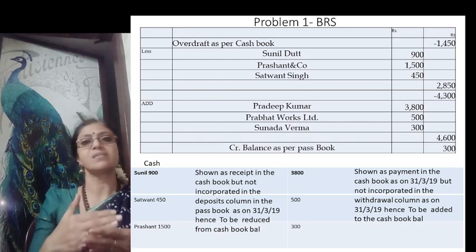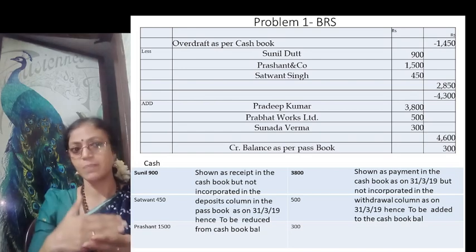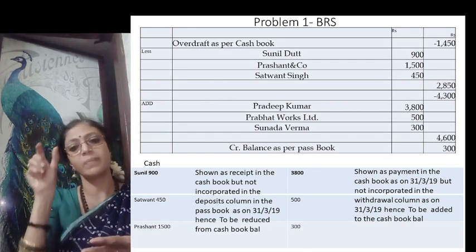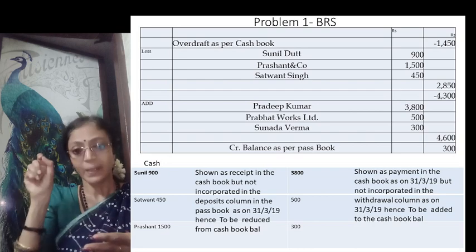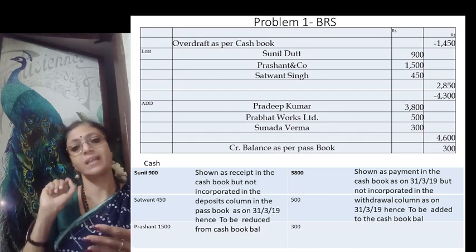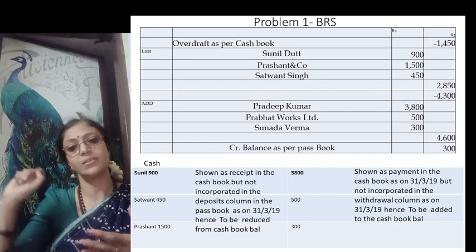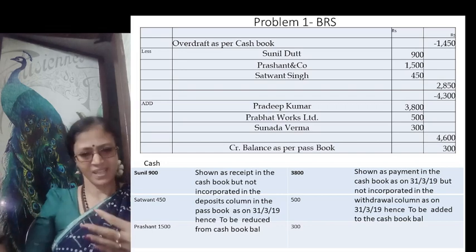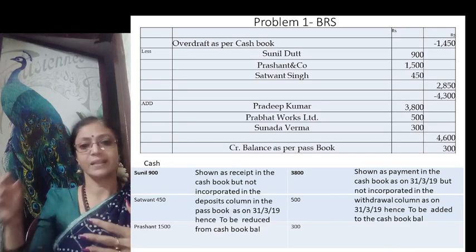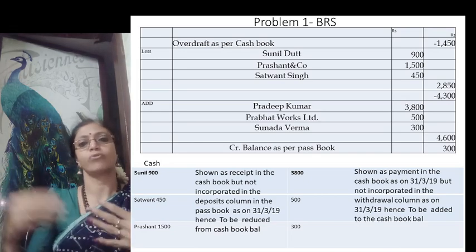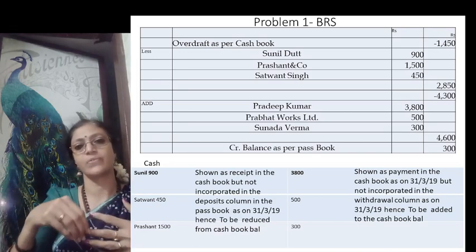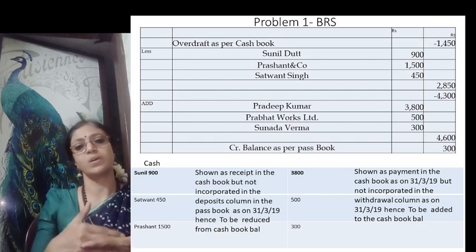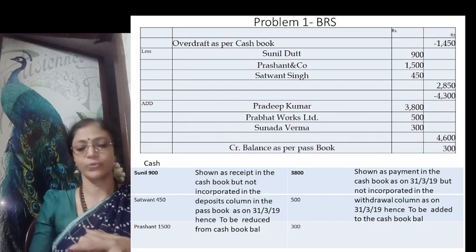In the same way, we've made certain payments to Mr. Pradeep, Prabhat, and Sunanda. Since we made the payments, we automatically showed them as payments in our cash book, but the amount was actually paid to the concerned parties only on April 3rd, 5th, and 7th. Therefore, we add back a sum of rupees 3,800, 500, and 300, and thus our passbook balance now works out to be a sum of rupees 300.